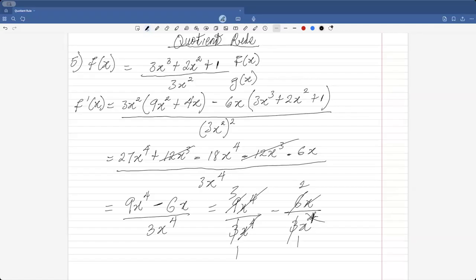So at the end of it all, we are left with 3 minus 2 over x to the power of 3. And this is our final answer at this point.